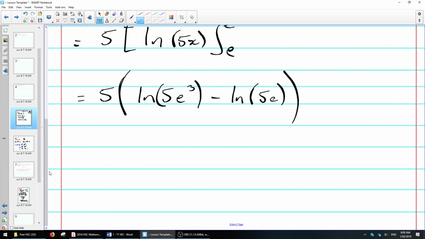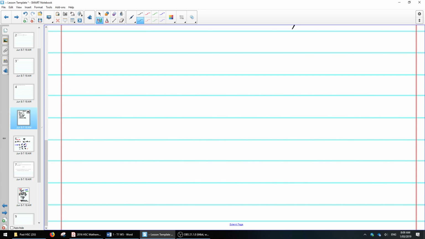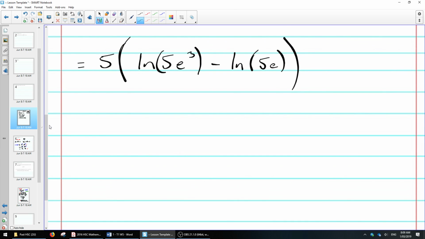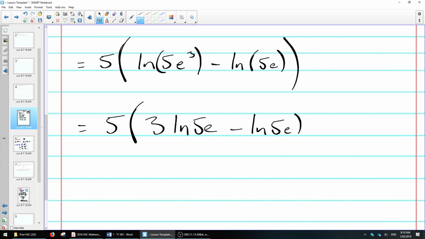But I mean, what we could just do from here is rewrite this as 5 ln, or, well, what can I do with that power of 3? Bring it out the front, so I've got 3 ln 5e minus ln 5e.